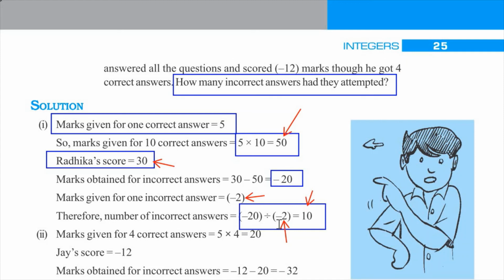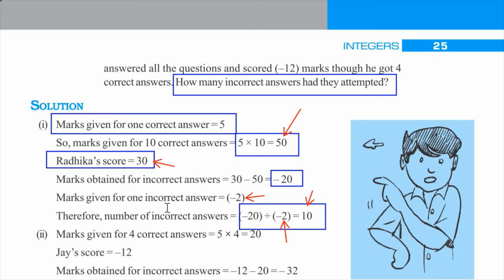Okay. So here the answer is minus 20 divided by minus 2, that is equal to positive 10. Observe here that because the question is find the number of incorrect answers, it has to be a whole number. Negative number of incorrect answers does not have any meaning because you can't count using negative numbers. Okay.